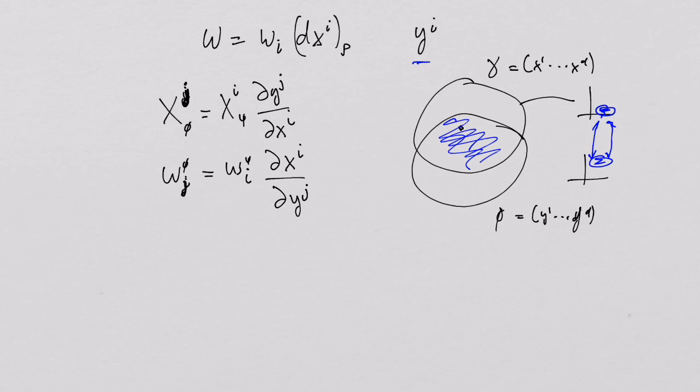The point is that this one here is the reciprocal of that one there, and that's of course because dual vector components are covariant and regular vector components are contravariant.